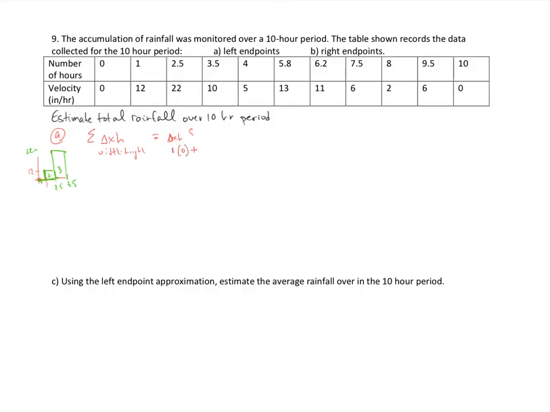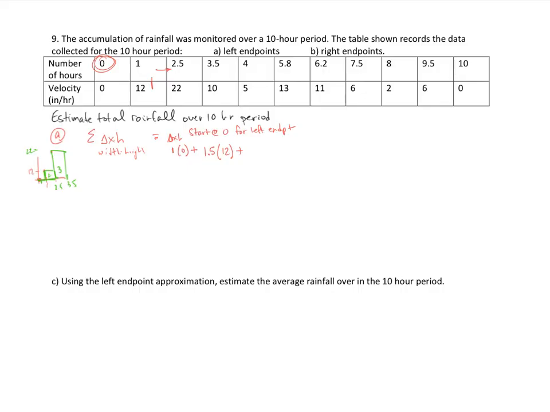So we want to start at 0 for left endpoints in this problem. So this is where we're starting. If we did right endpoints, we would start at the 1. So the next one will have a delta x from 1 to 2.5, which will be 1.5, and the height, I'll take it here at this value, which will be 12.